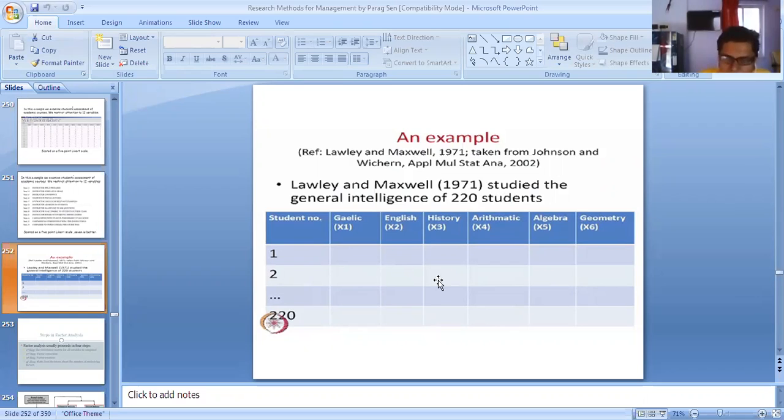So these are the variables, and you are getting the scores on a 1 to 5-point scale or maybe something else, and you are getting the feedback matrix that you have.